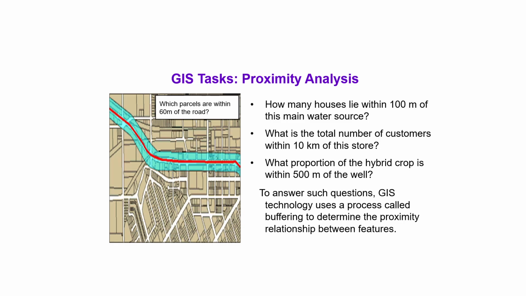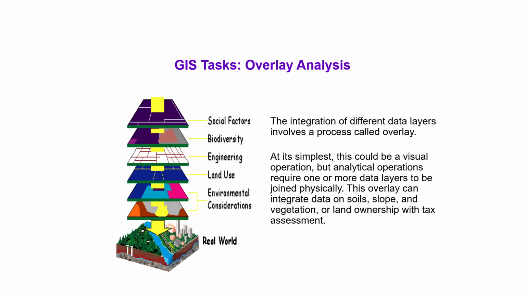Which parcels are within 60 meters of the road? How many houses lie within 100 meters of these main water sources? What is the total number of customers within 10 kilometers of the store? And so on.